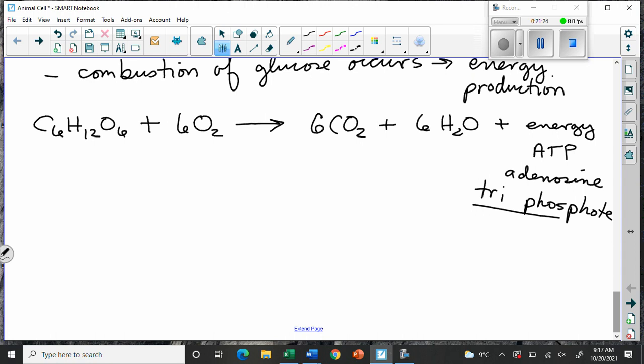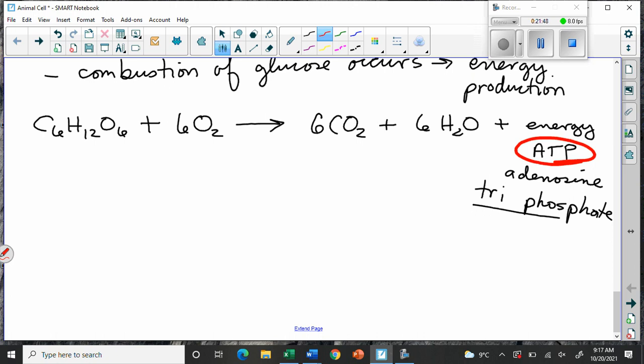It's a molecule called adenosine, and it has 3 phosphates stuck to it, so that's how it gets its name. It's a complicated molecule, and you'll learn all about that in your grade 11 and 12 biology as well. But for now, whenever you see or hear about ATP, that's how a cell basically stores the energy that it gets from glucose.